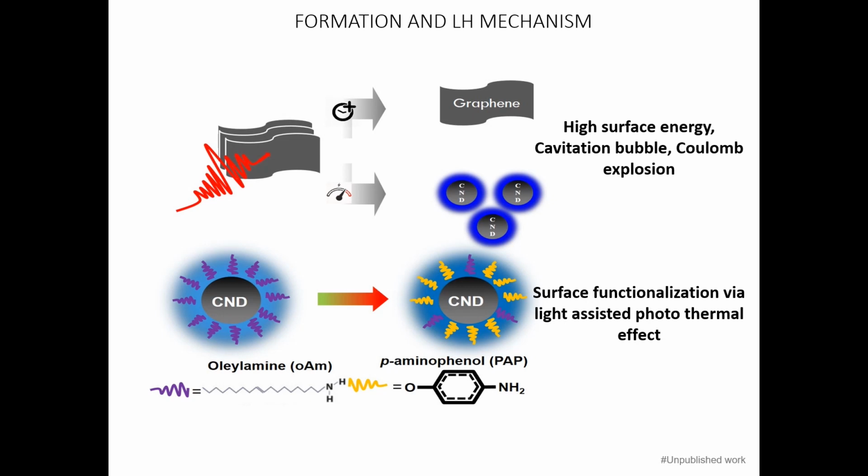These are the phenomena mostly exploited in this experiment. And how the oleylamine is converted into para-aminophenol ligand hybridization is mostly done by surface functionalization via light assistance, and part of the photothermal effect also.